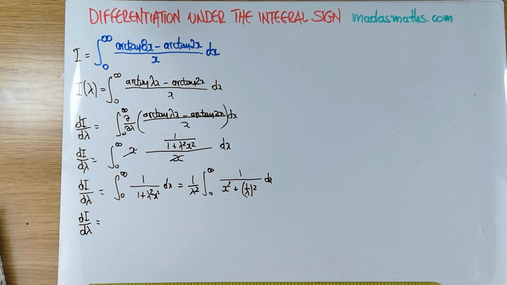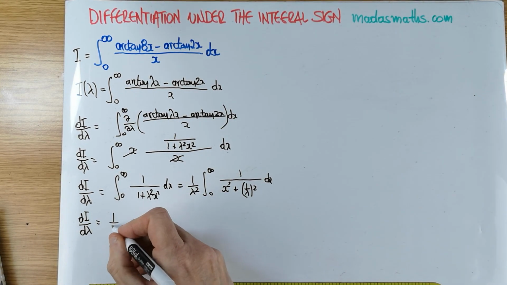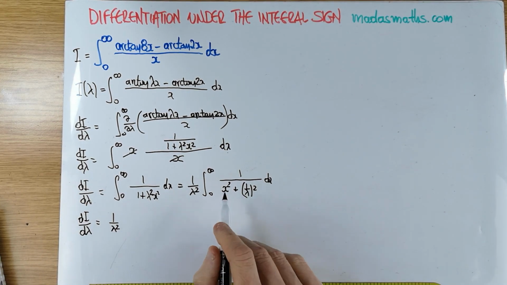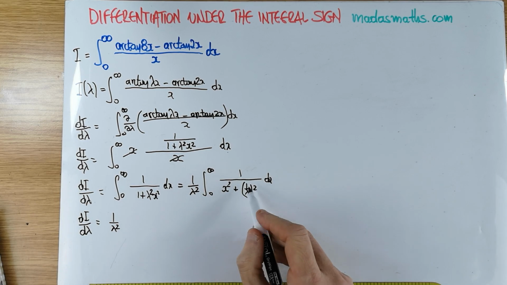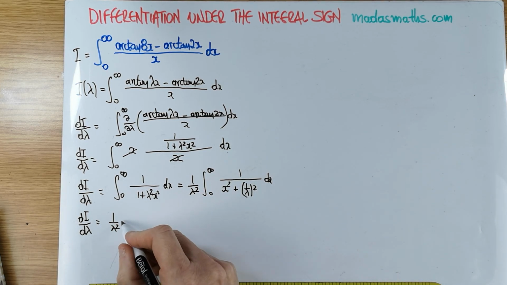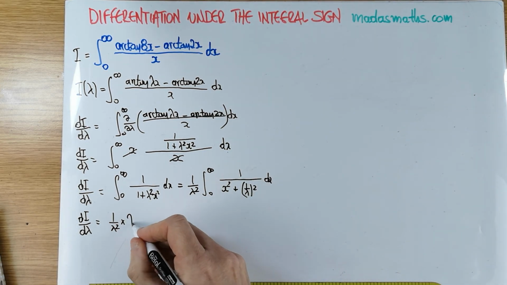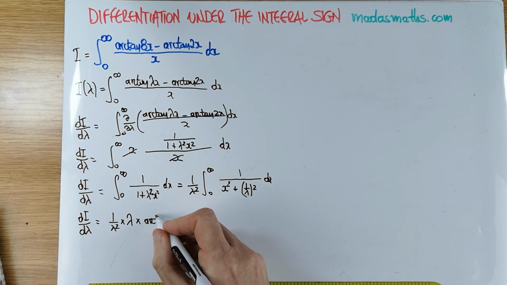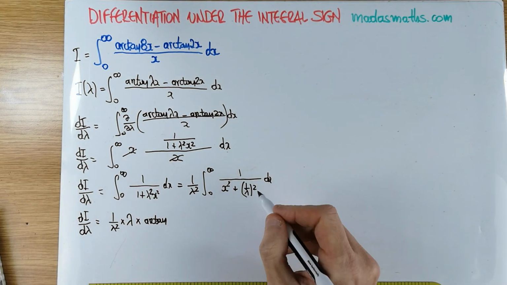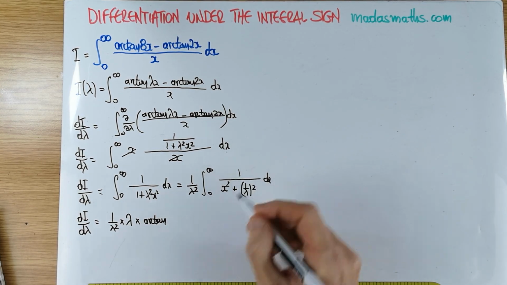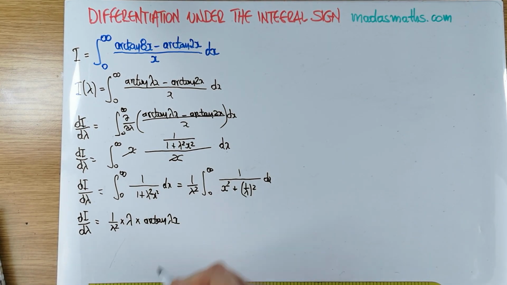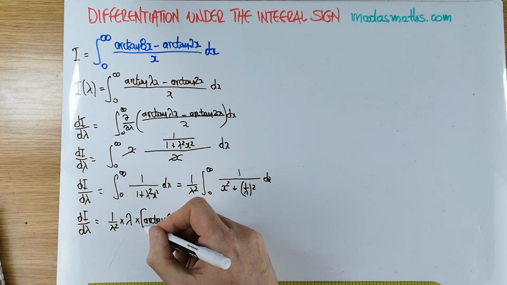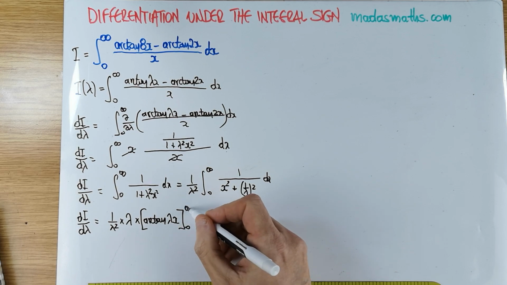This is a standard arctan integral, so it will integrate to 1 over this quantity here. 1 over 1 over lambda is just lambda, and then we have the arctan of x over 1 over lambda, so we can call it lambda x, with limits 0 to infinity.